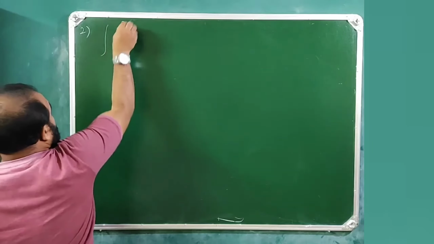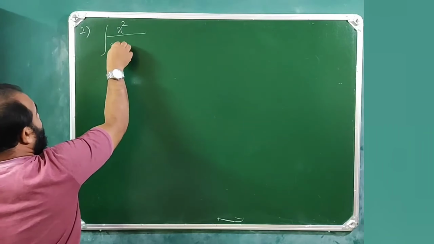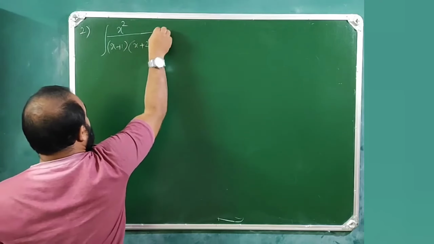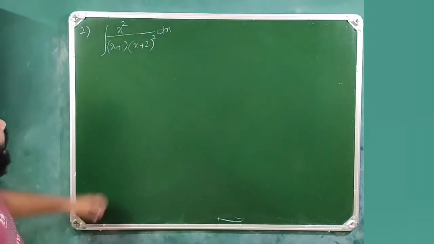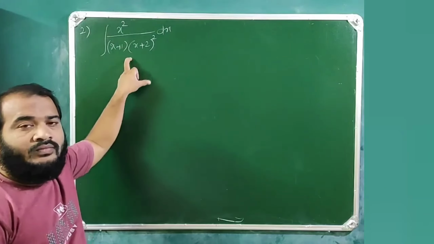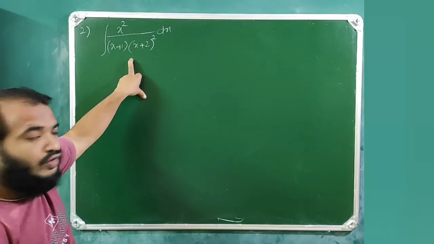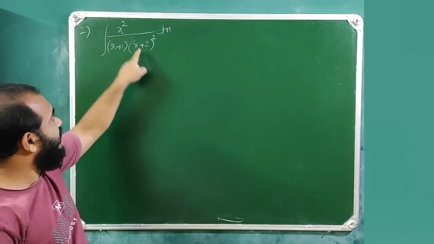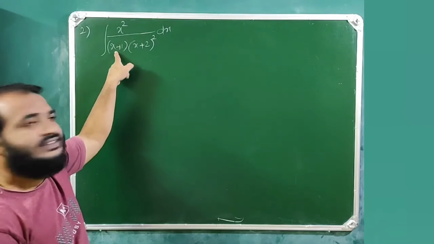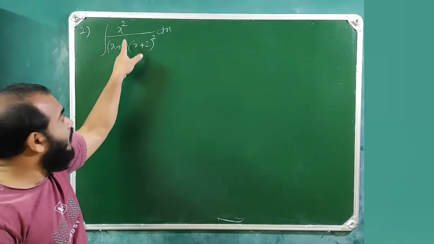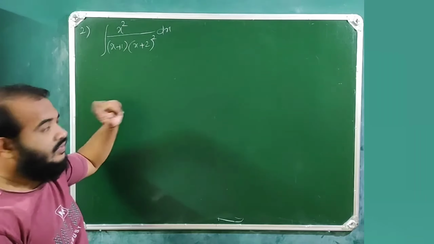Integral of x square by (x plus 1) into (x plus 2) whole square dx. So here this is again a proper fraction because degree of numerator is 2 and degree of denominator is 3.